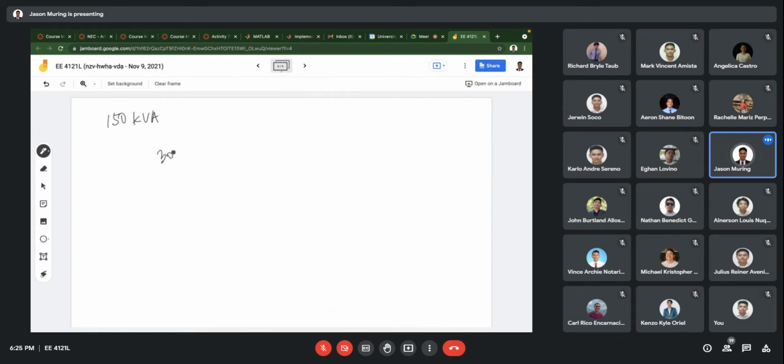First 3,000 at 100%. Then 3,000 to 120,000, so that is 117,000 times 35%. Then the remainder over 120,000, so that is 30,000 times 25%.